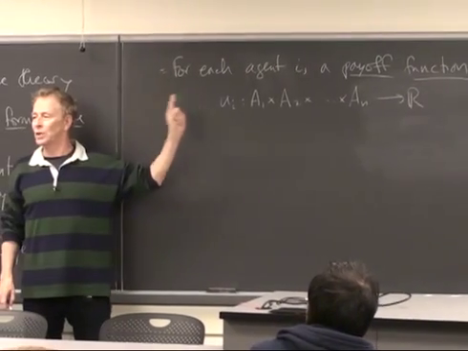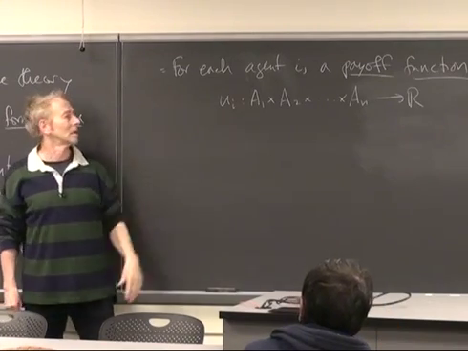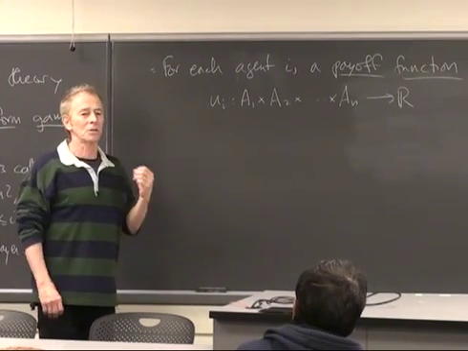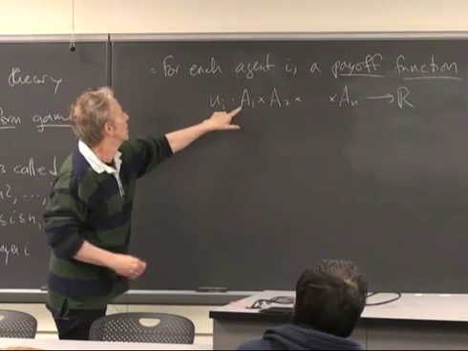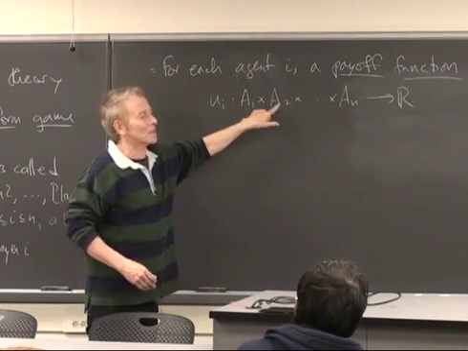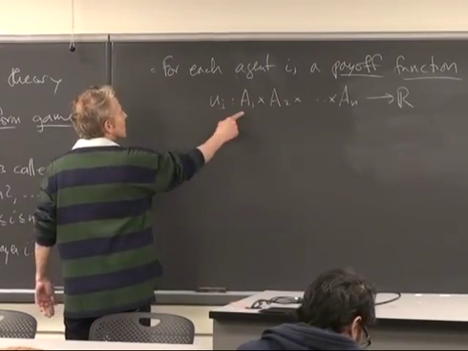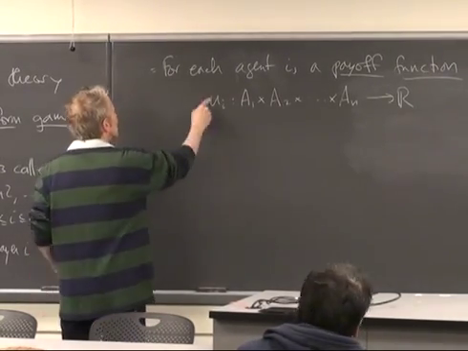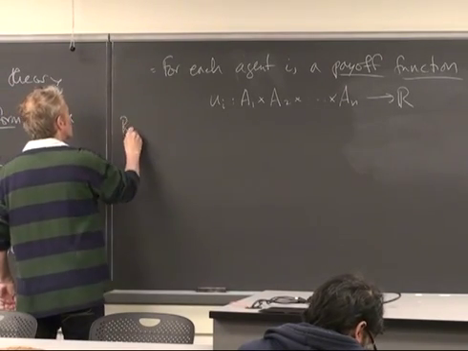A1 cross up through An. Okay. It's the Cartesian product of a bunch of sets. It's a set of all ordered n-tuples, where the first one comes from A1, the second one comes from A2, and so on. And the idea here, let me just give you the background idea here. So recall the notation.